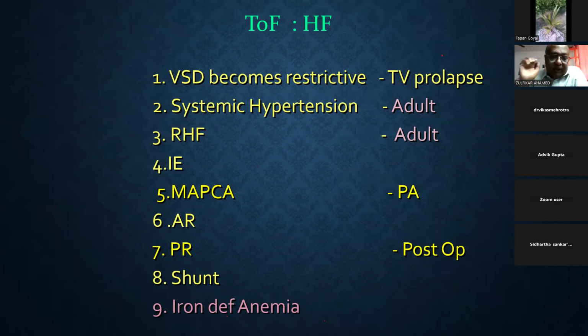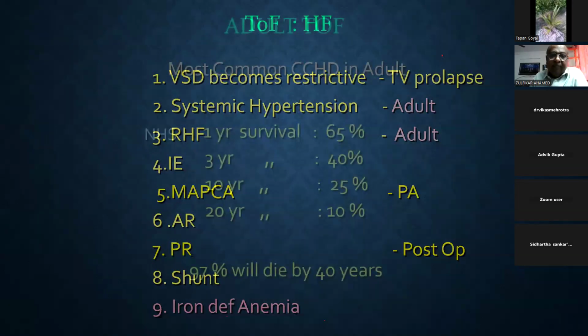It can also occur in infective endocarditis, and a medical condition like an iron deficiency status also can produce heart failure. Then other causes of heart failure would be exuberant MAPCA in pulmonary atresia, aortic regurgitation, systemic hypertension, and right heart failure in an adult tetralogy of Fallot. Suppose you do a central shunt for a tetralogy, that also can usually produce heart failure.